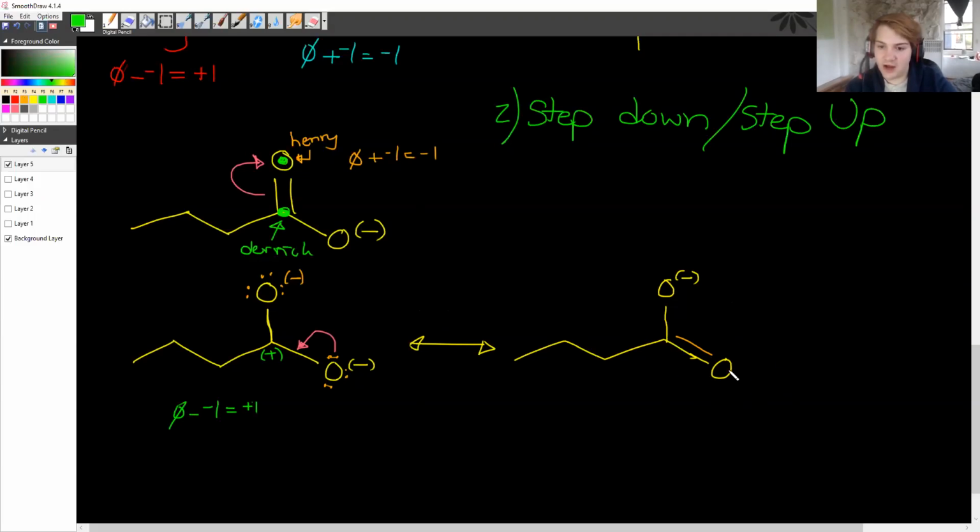This oxygen was originally -1, but it's losing an electron, so now it is neutral, because a negative minus a negative is a positive. It's like we're saying negative plus 1 equals 0. And this original carbon was originally +1, but it's gaining an electron, so now it's neutral.